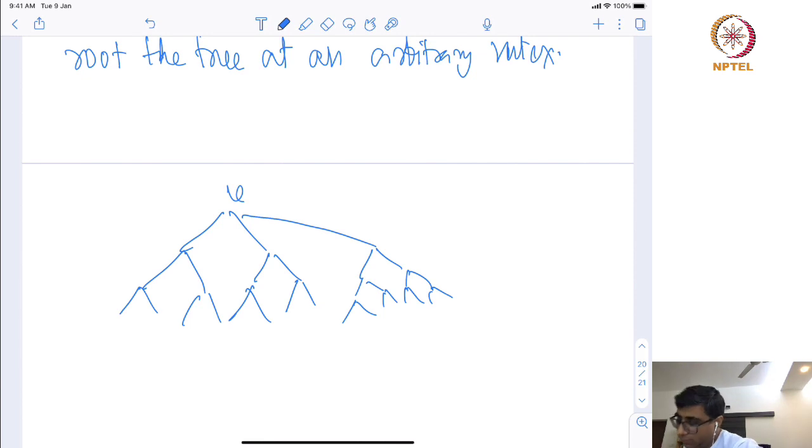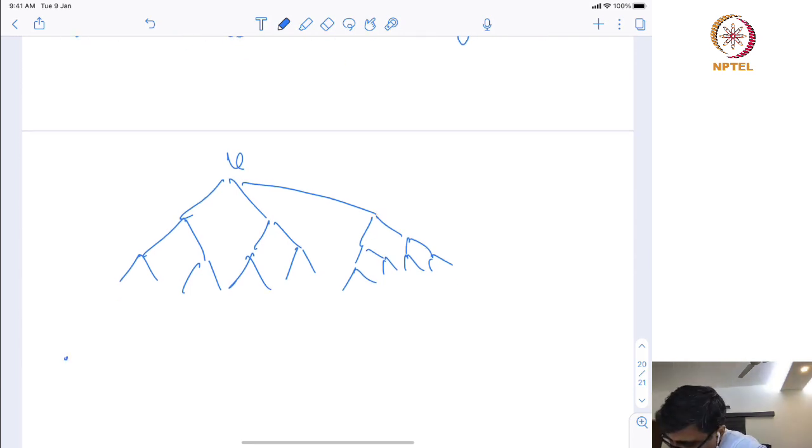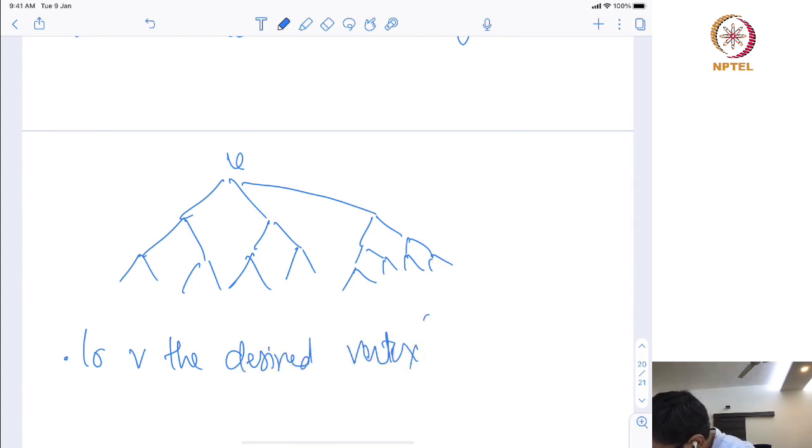I am going to ask at each step, is v the desired vertex?